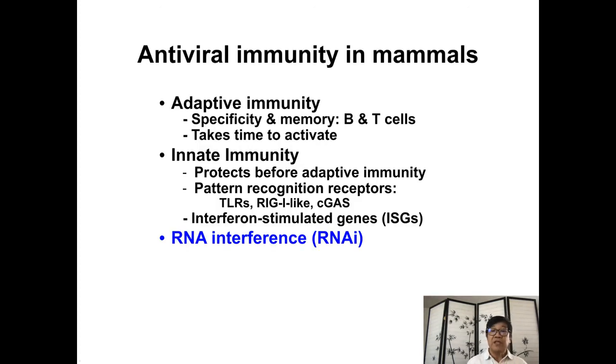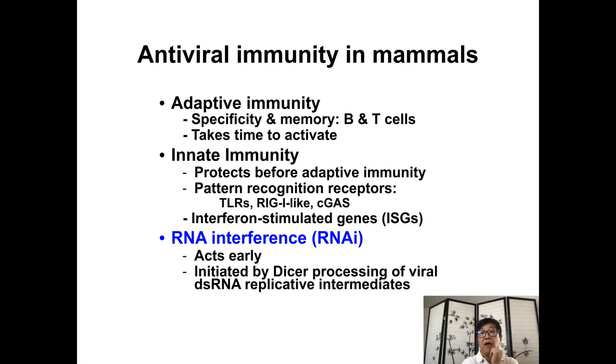So this is the last slide showing that there is an additional form of antiviral RNA immunity in mammals directed by RNAi, and this response acts early, and is initiated by dicer processing of viral dsRNA replicative intermediates, similar to innate immunity.